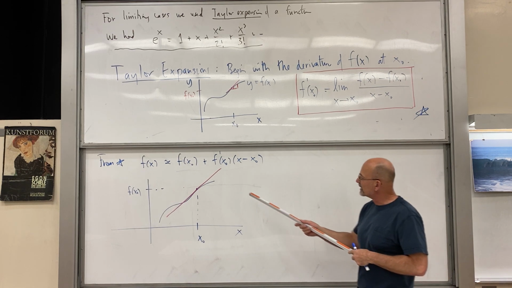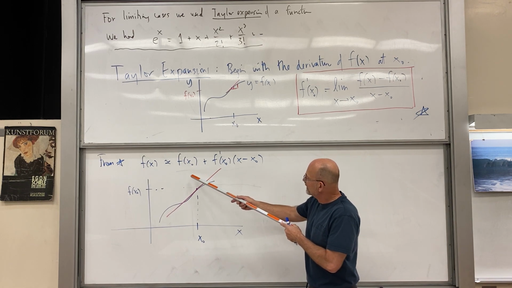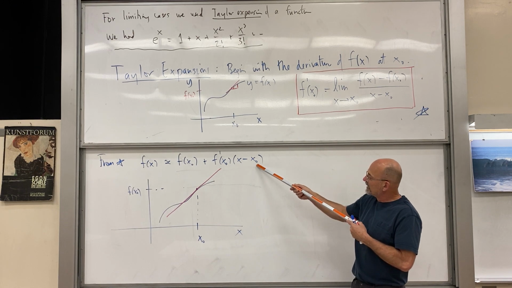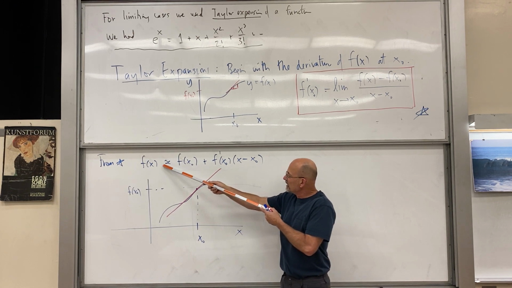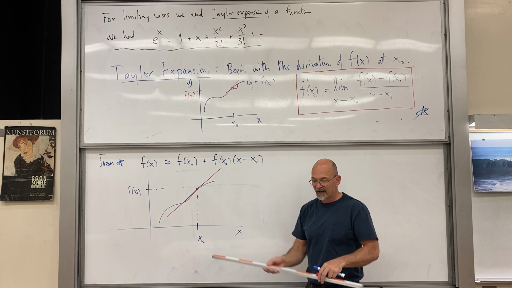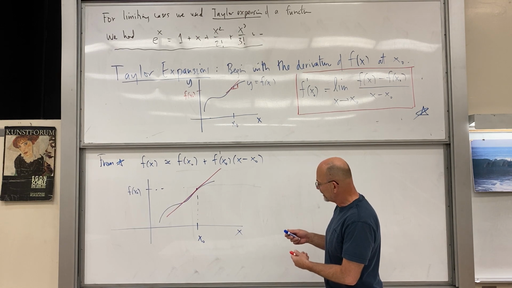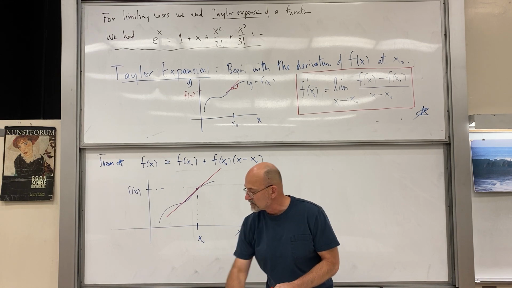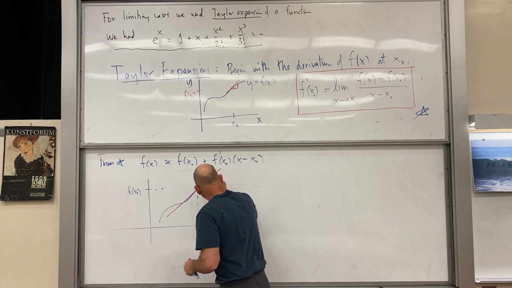So what's approximate about this? The red line is this right here. It's approximately equal to f of x because f of x isn't a straight line. And the difference, I'll use another color here, I'm going to kind of shade in.